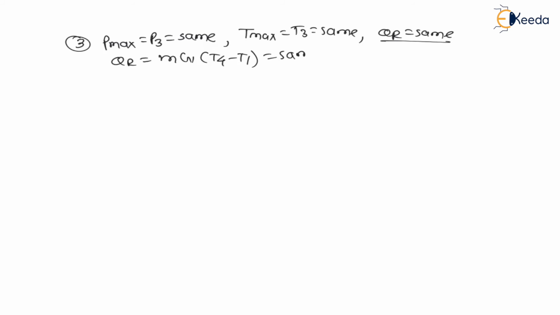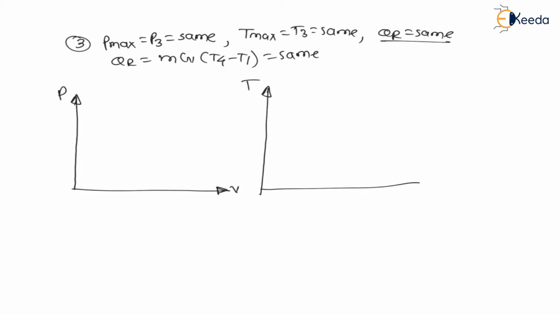This is the same. Now let us draw the Otto and diesel cycles. Let us first draw Otto on the PV and temperature versus entropy diagrams.